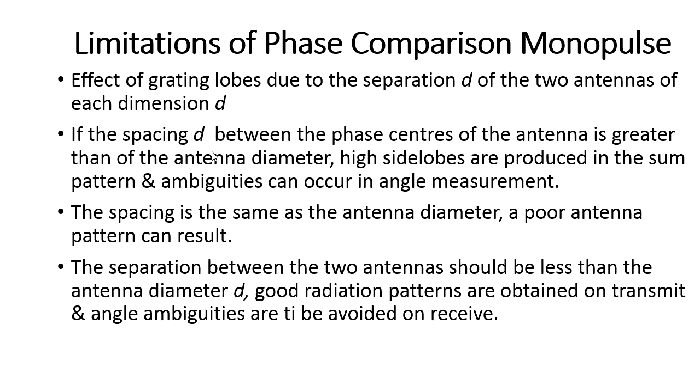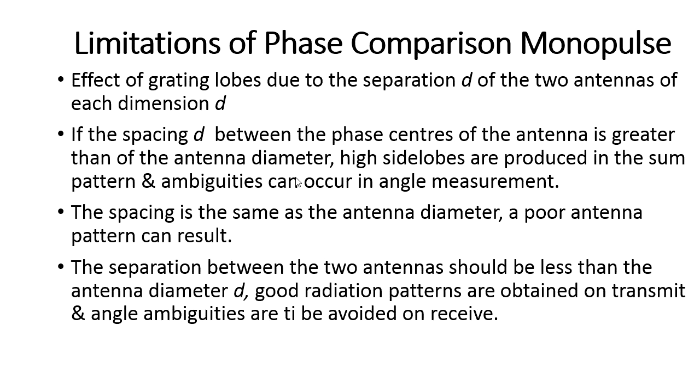And if the spacing d between the phase centers of the antennas is greater than the antenna diameter, high side lobes are produced in the sum pattern and ambiguities can occur. If the distance between the two antennas is greater, it will produce high side lobes.